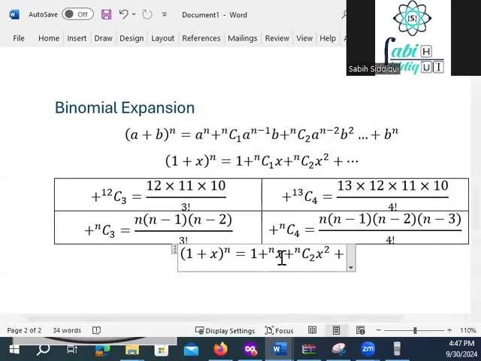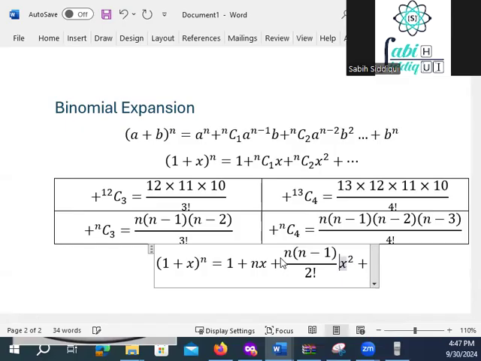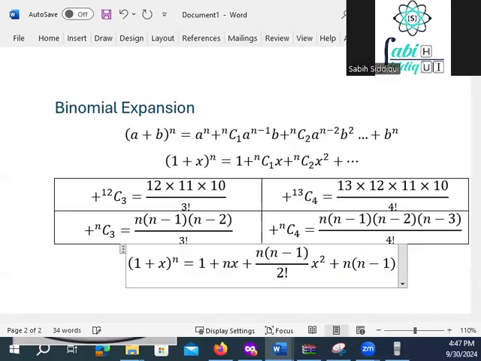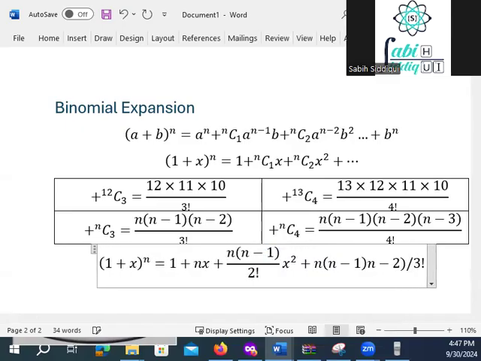NC1 की जगह क्या लिखना चाहिए? N upon 1. So can I just write an N? What about NC2? N multiplied by N minus 1 divided by 2 factorial. Now what about NC3? N multiplied by N minus 1 multiplied by N minus 2, divided by 3 factorial.